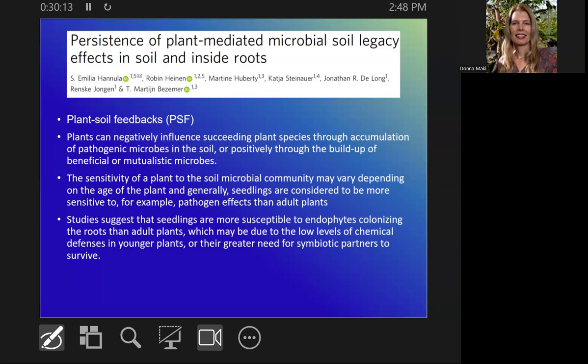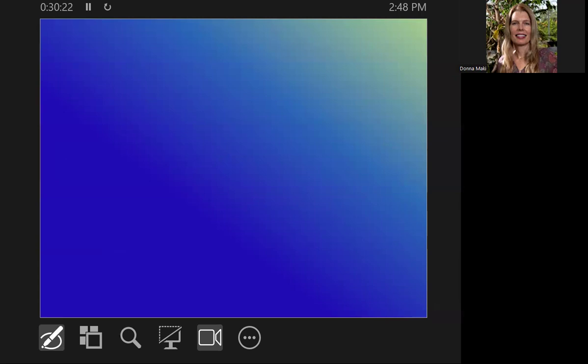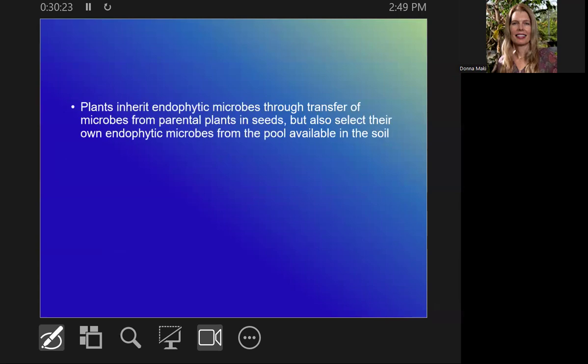Okay, so they're looking at these ideas like, how do the microbes respond to plants growing in there? How do they persist through multiple generations of plants? When you look at a seed, you have to imagine that inside that seed, there are endophytes that came from the mother plant.